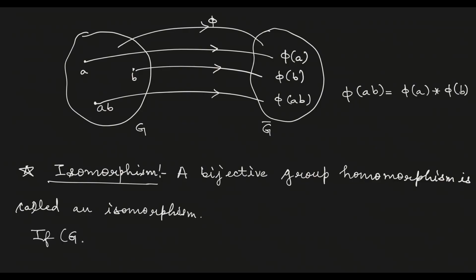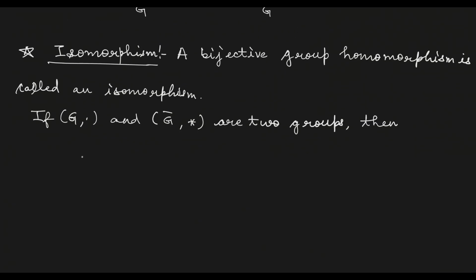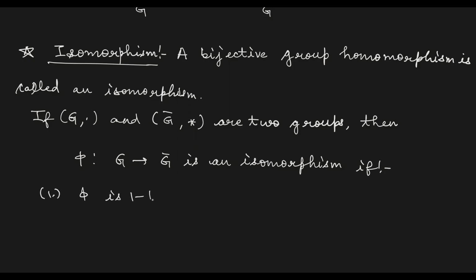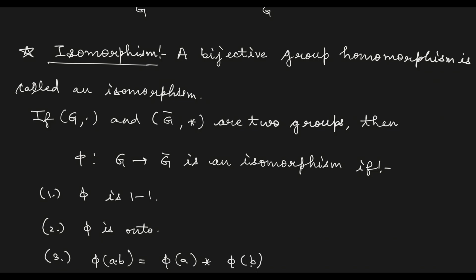If G and G bar are two groups, then phi mapping from G to G bar is an isomorphism if first, phi is one-one, second, phi is onto, third, phi(AB) is equal to phi A star phi B for all A, B belongs to G.